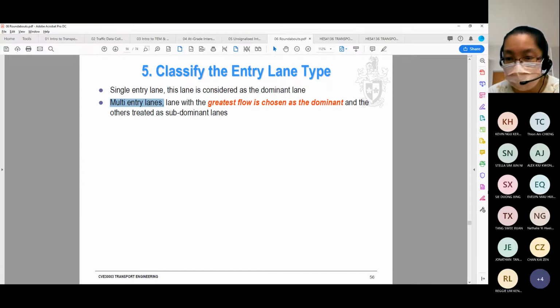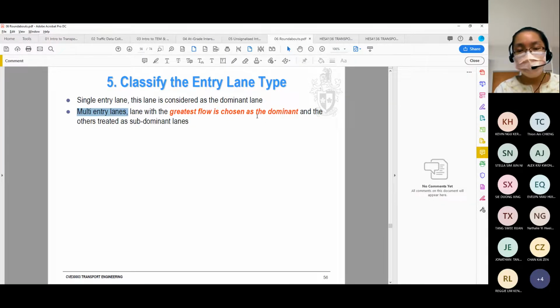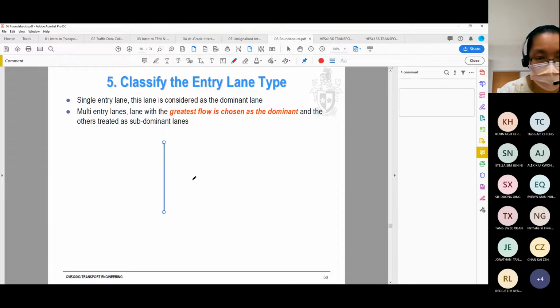Although I know in your assignment you had a bit of an issue dividing the volume into the lanes, for this class we will just take it that if you have 2 lanes, this is through and left, and through is always half of whatever the volume is.